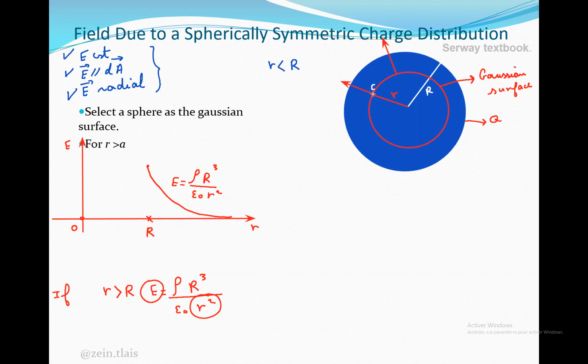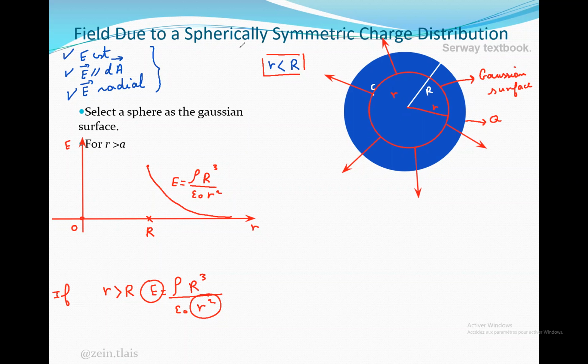At C, at any point, it must be outward. Here, from here to here, we have small r, and r is less than capital R.